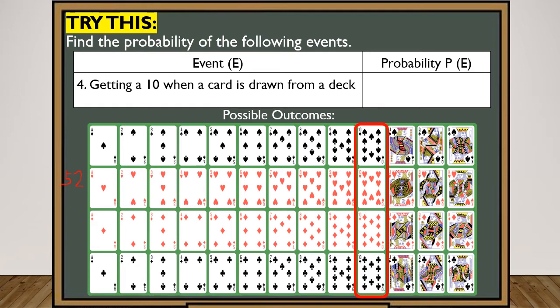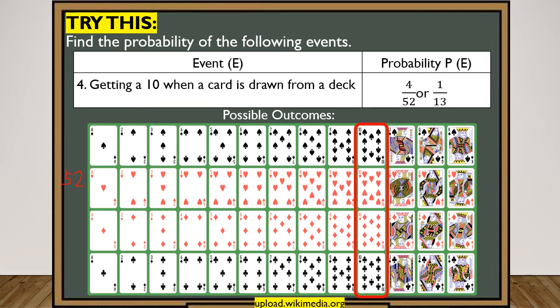Since we only have 4 ten cards in a deck, it is 4 out of 52, or 1/13 reduced to lowest terms. How about getting a 7? Of course, it is also 4 out of 52, because we have 4 seven cards in a deck of cards.